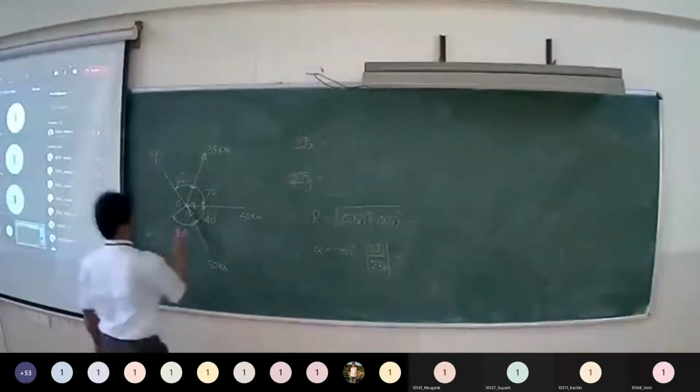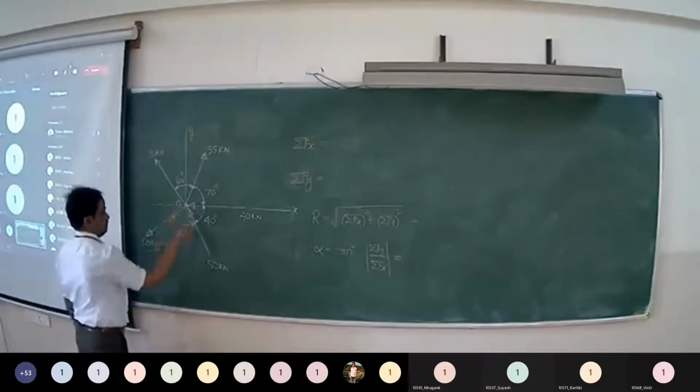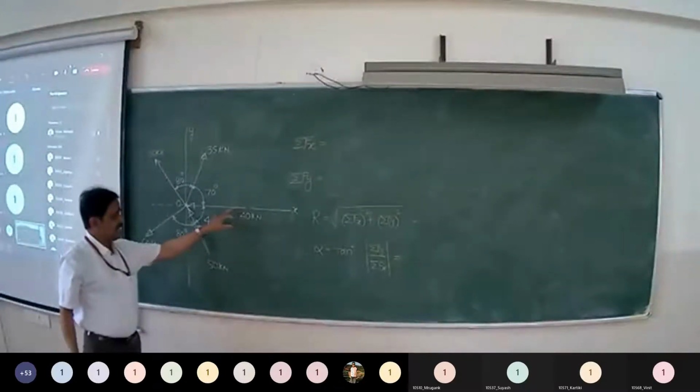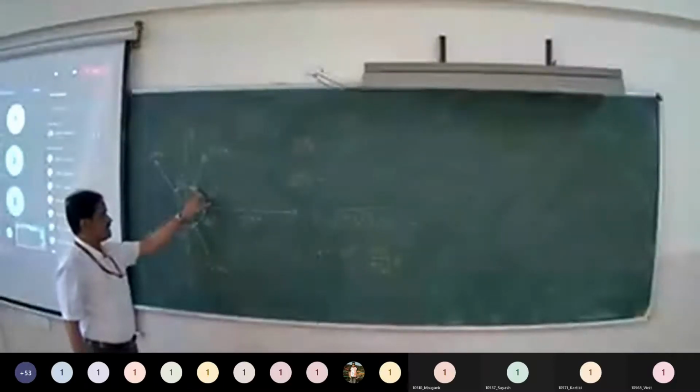So I will select the x-axis along the 40 kN force, and the y-axis perpendicular to it. Here 40 kN is acting along the x-axis, and 35 is making 70 degrees with respect to the x-axis.